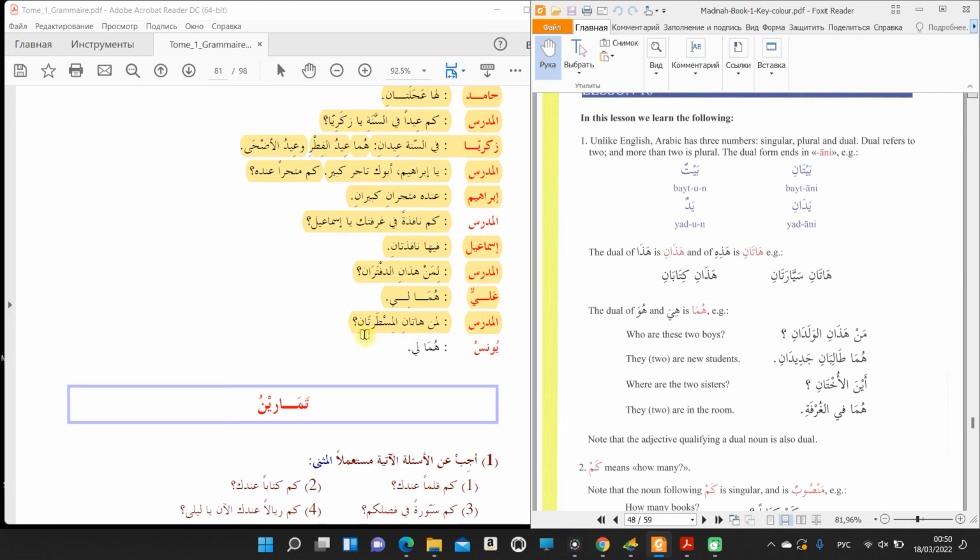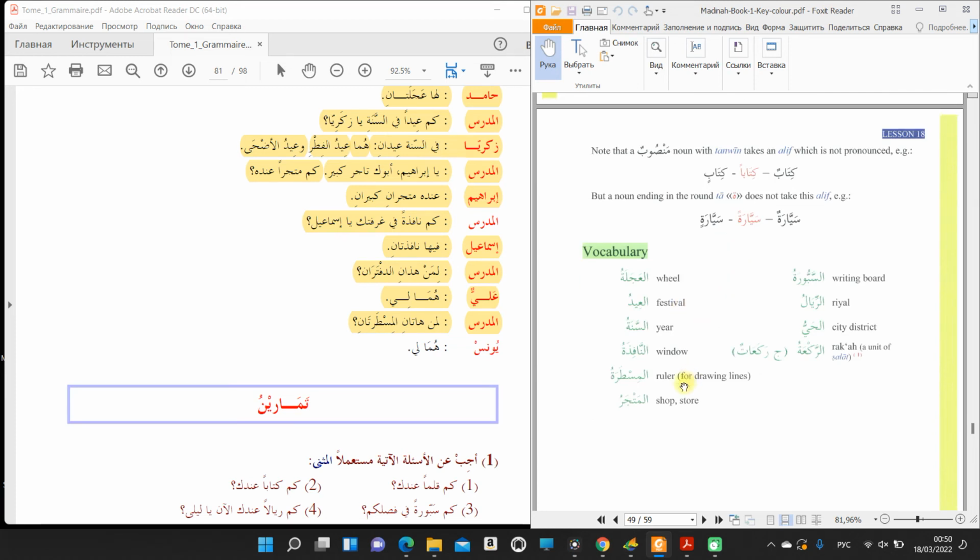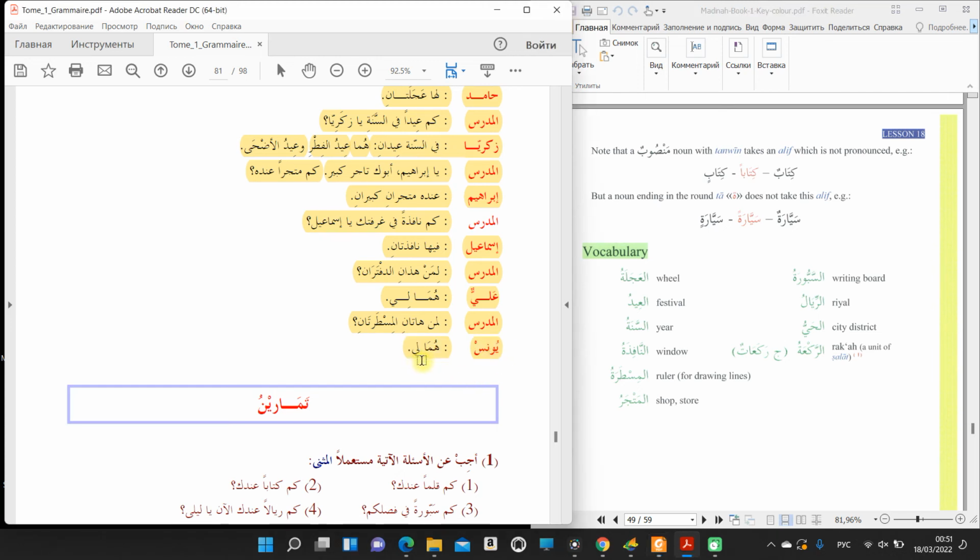Whom do these two rulers belong to? And Yunus says هما لي. هما لي.